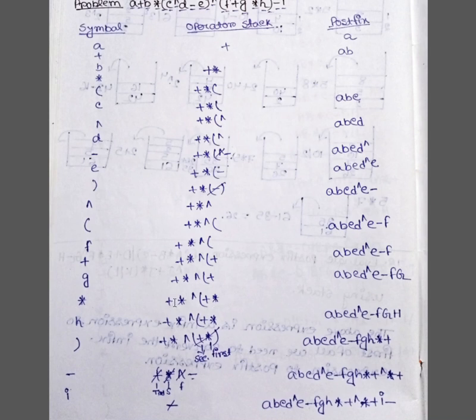The only rule is that this should be according to the precedence level. The lowest precedence level will be kept first, then the middle precedence level, and then the highest precedence level. And if there are brackets present, then that's okay. There will not be any problem if there is a bracket.